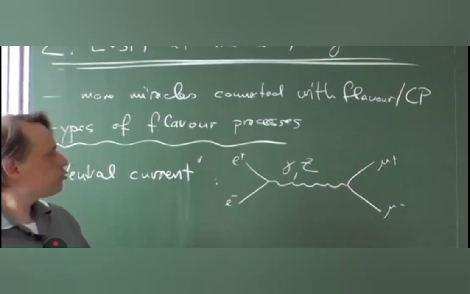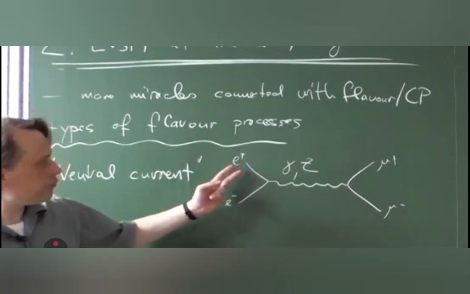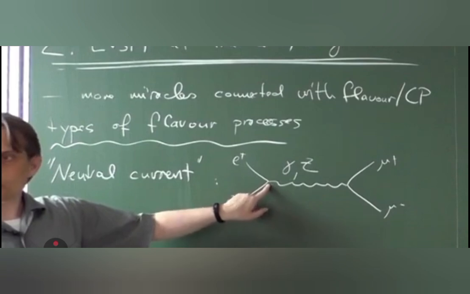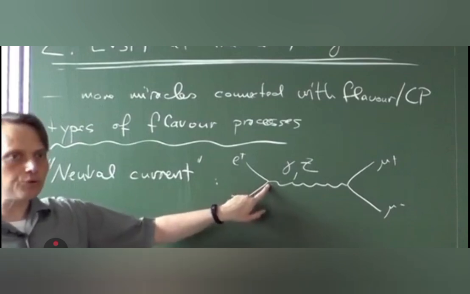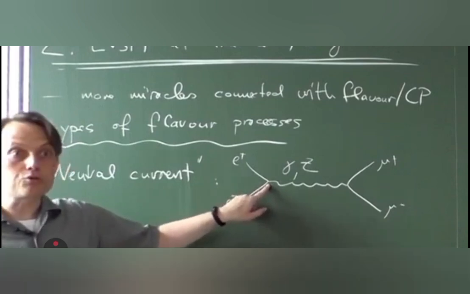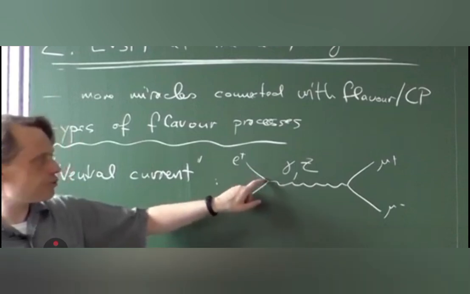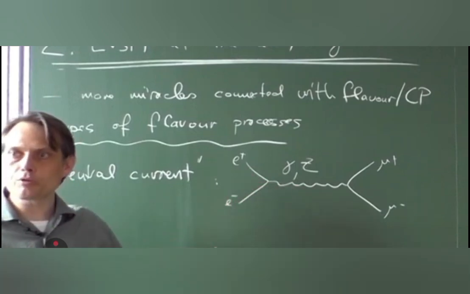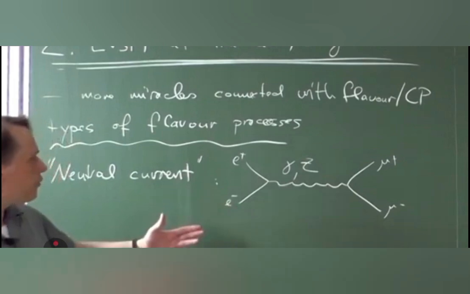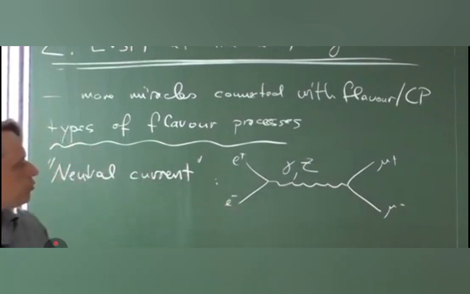And neutral current, as you see, stands for the fact that at the vertices with the gauge bosons, the flavor is not changed. In particular, the charge of the fermion is not changed at the vertices where the interaction happens. Such a process is in general called a neutral current process.